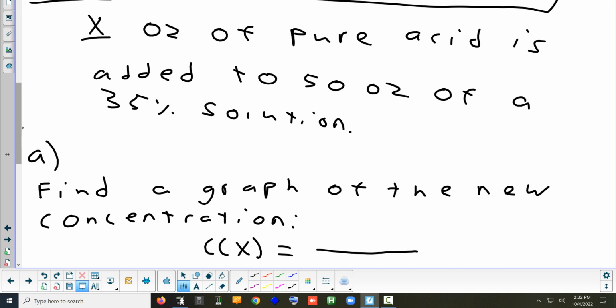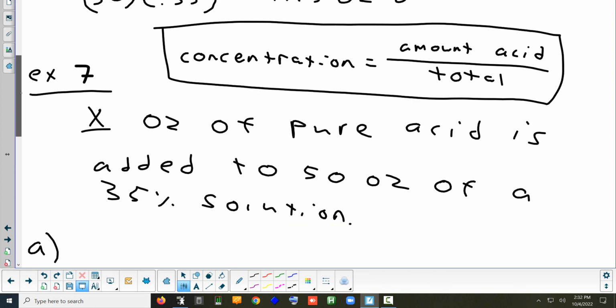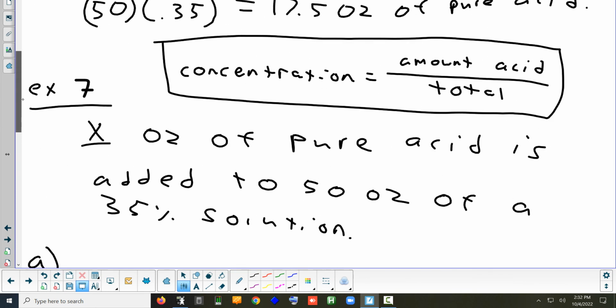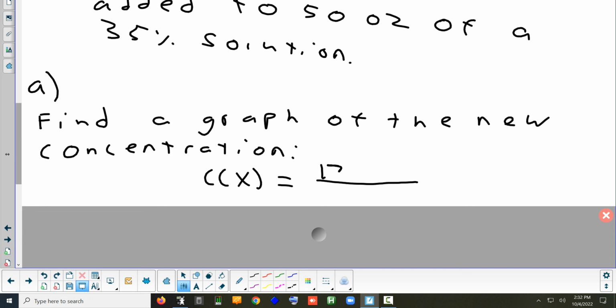So Jenna, how much acid do we already have? 50 is the total amount of liquid, and 35% of that is acid. So what's 35% of 50? We already have 17.5 ounces of acid.